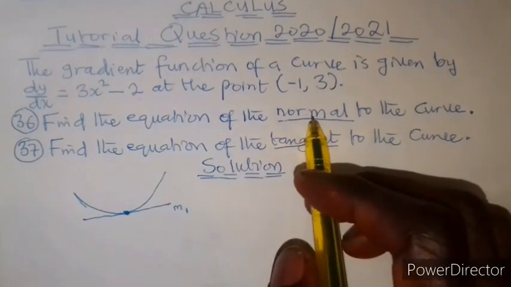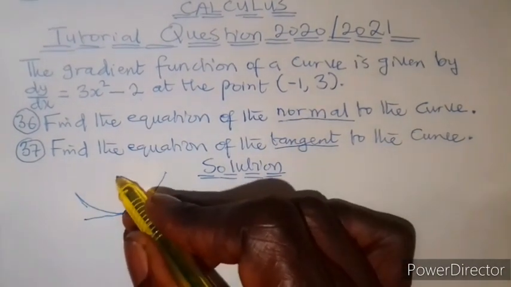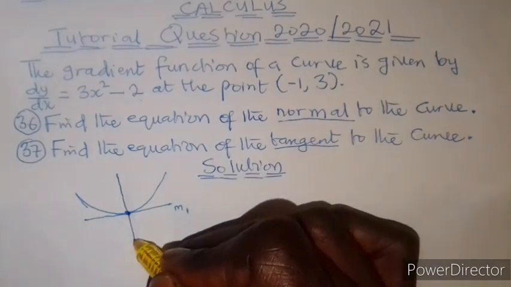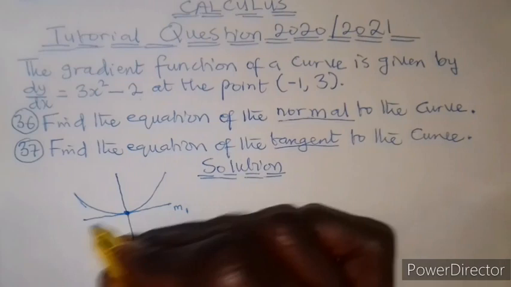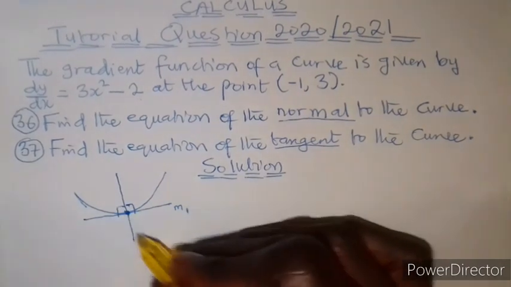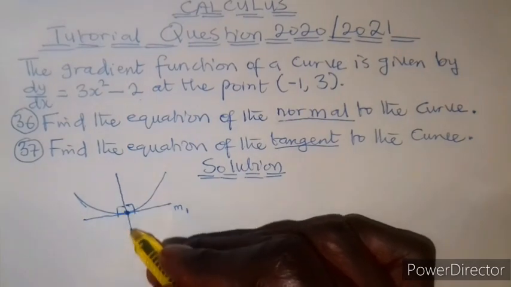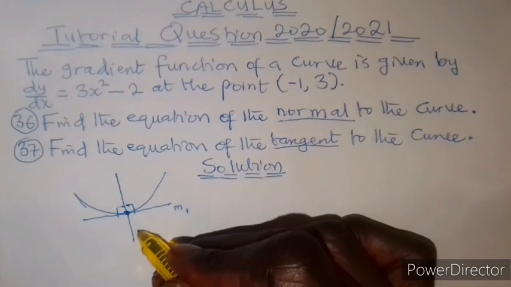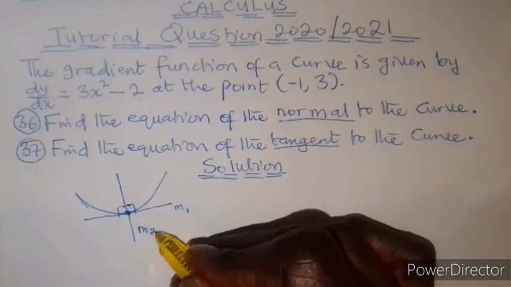Now, what do we mean by normal? The normal is a straight line that is drawn to pass through that point of contact between the tangent and the curve, and that line makes an angle of 90 degrees with the tangent. So this is the normal to the curve. And the gradient of this normal, let's call it m2.